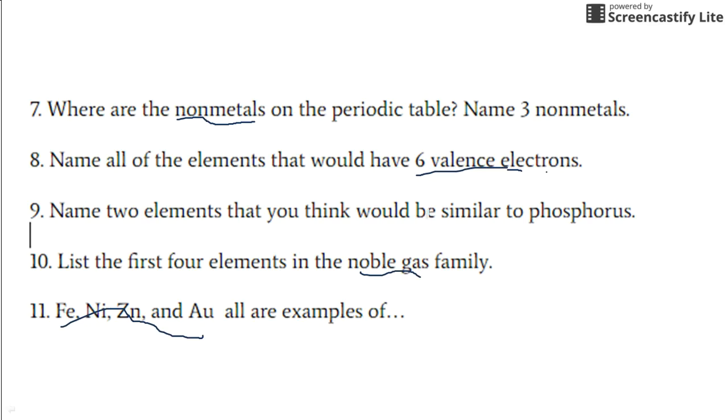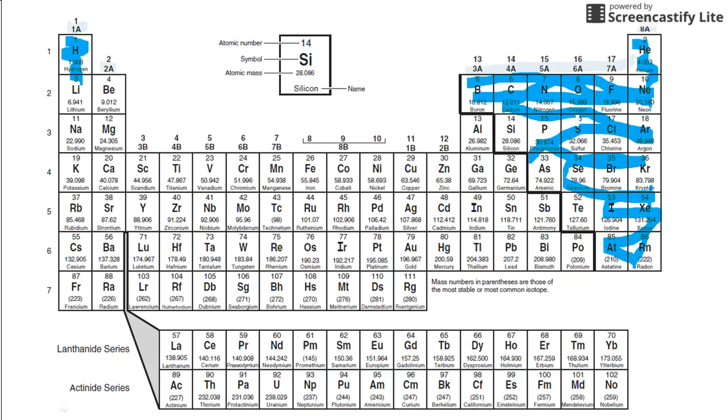Name 2 elements that would be similar to phosphorus. So let's talk about this idea of being similar on the periodic table. Remember, the periodic table was made so that elements that are similar are usually in a line. So, what would be similar to phosphorus? Whatever is directly above it and whatever is directly below it.